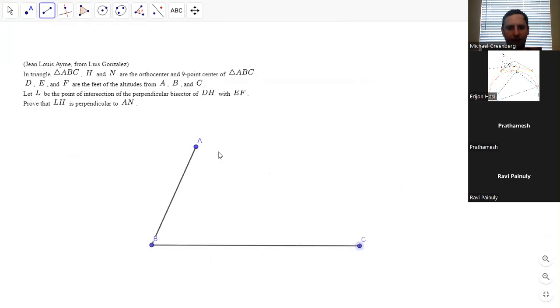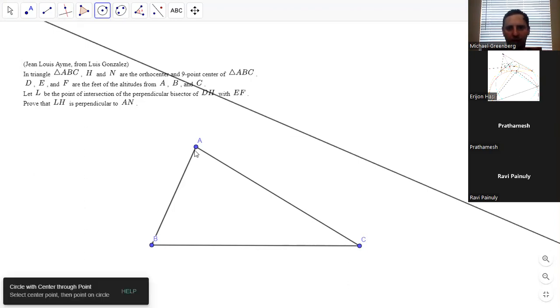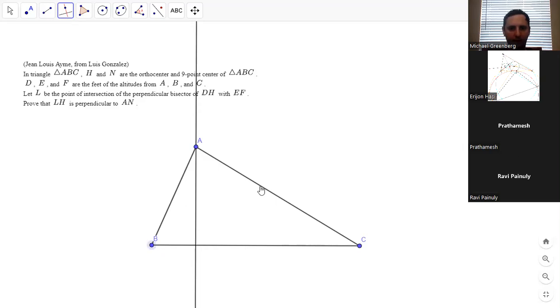I'm going to first draw the altitudes because we're going to use them later. Whoops, let me delete this. What is going on here? So D, E, and F will be the altitudes.